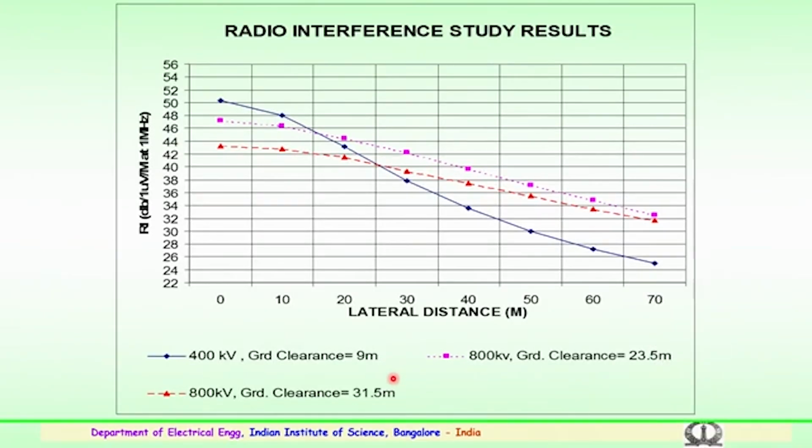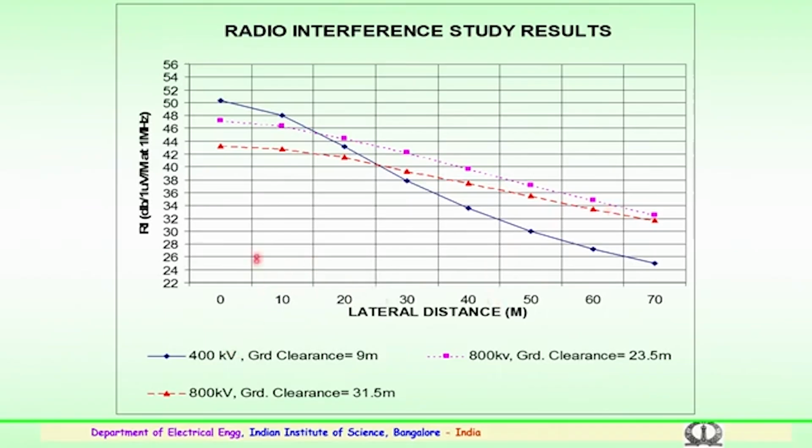Next, preferred radio interference values are again important, as mentioned earlier. These are radio interference values in dB above 1 microvolt. Here again, dB above microvolt versus the lateral distance: as the distance increases, you can see the radio interference level also comes down for 400 kV as well as for UHV lines.